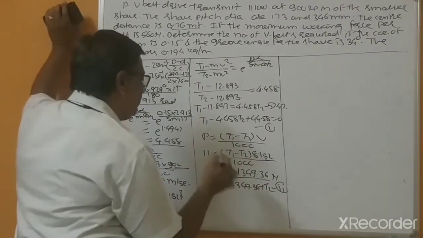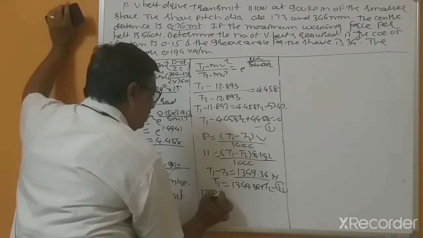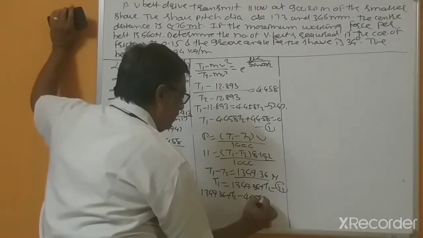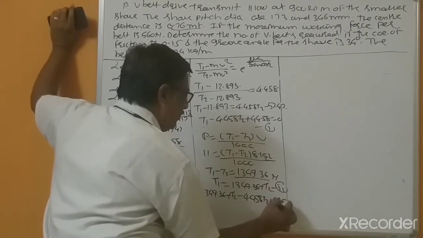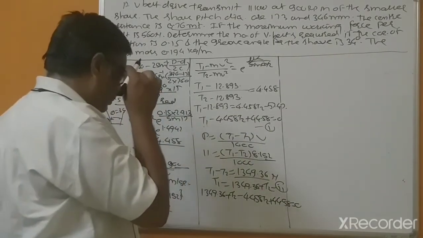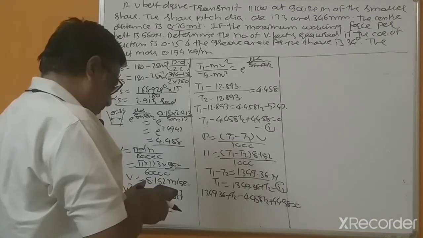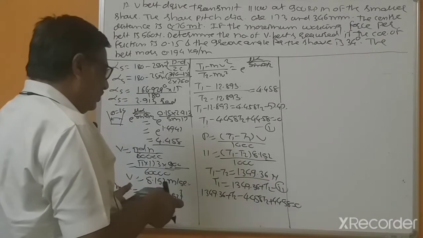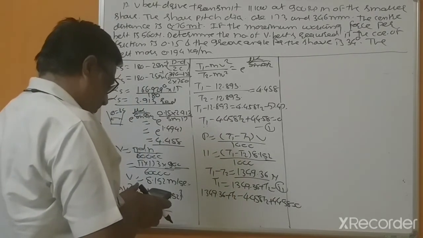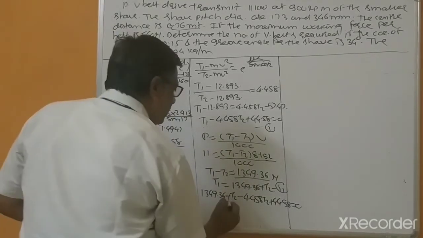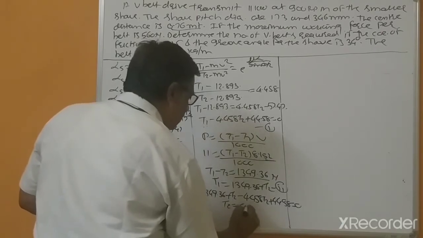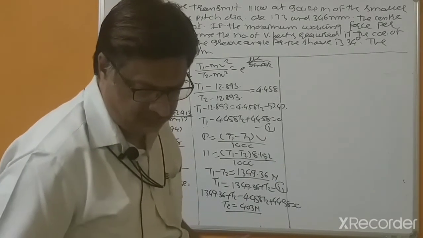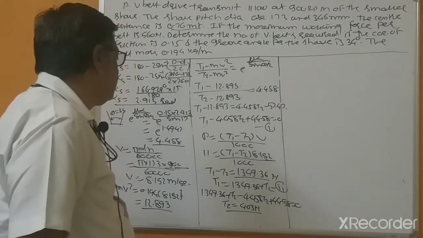Now put the value of T1 in the first equation: 1349.36 plus T2 minus 4.458 T2 plus 44.58 equals 0. Dividing by 3.458, T2 equals 403 Newton.